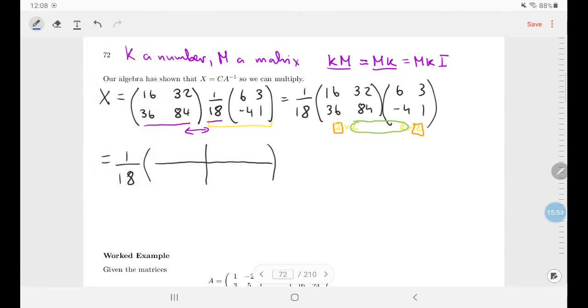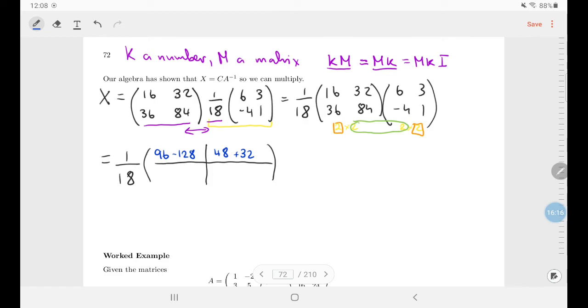Top left hand corner is row 1 by column 1. So 16 by 6 is 96, plus 32 by -4, which is 128. Next one is row 1, column 2. 16 by 3 is 48, plus 32 by 1 is 32.